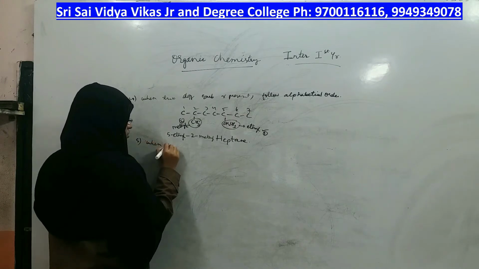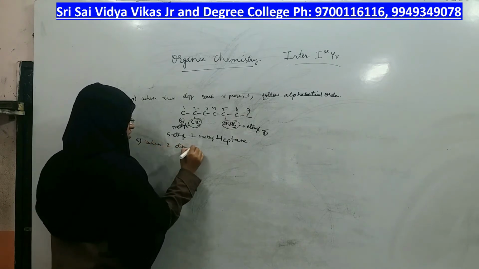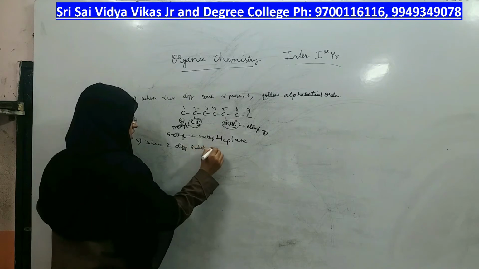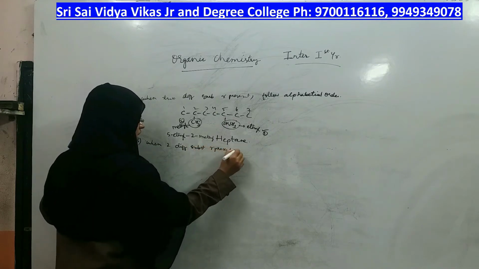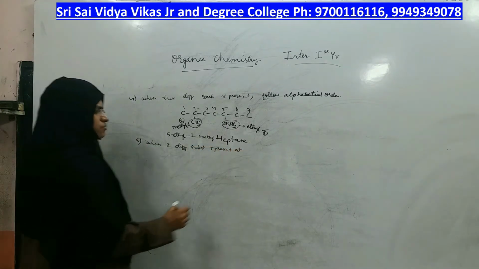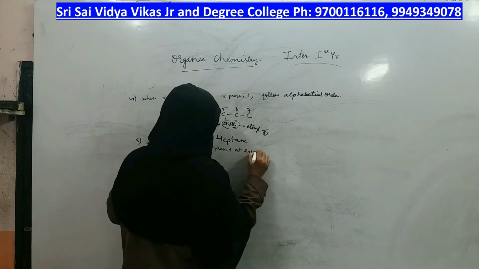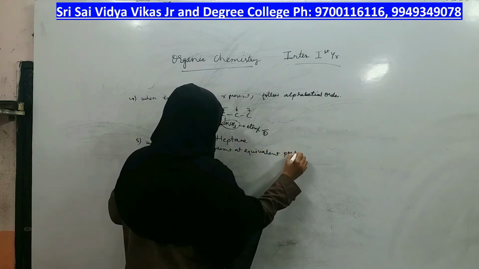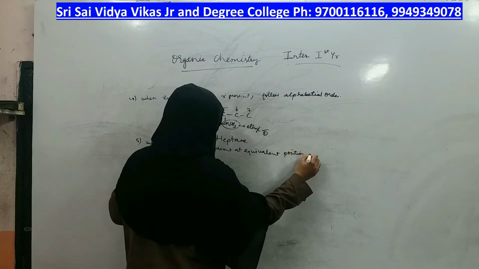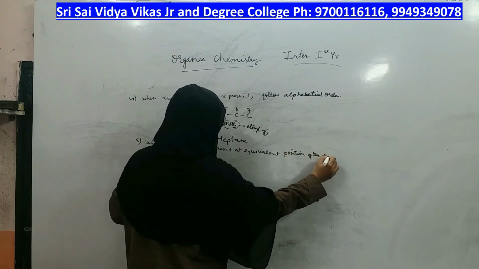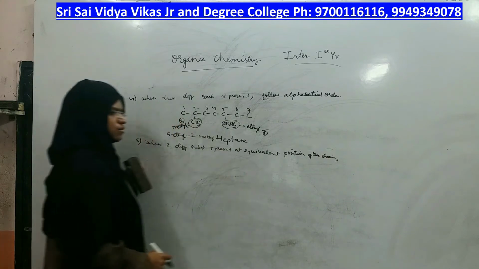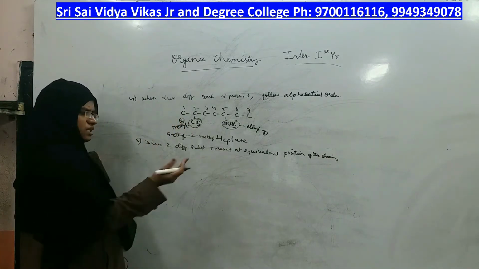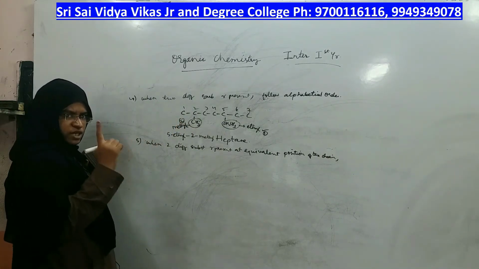When two different substituents are present at equivalent positions of the chain, how should you do the numbering? Any numbering becomes correct, but you have to select one numbering.